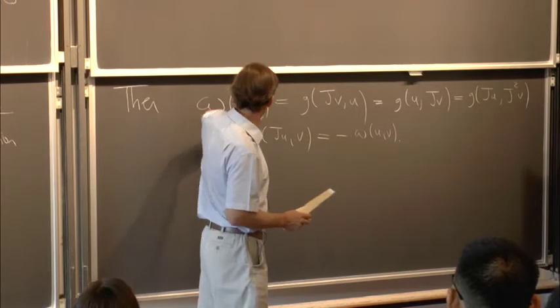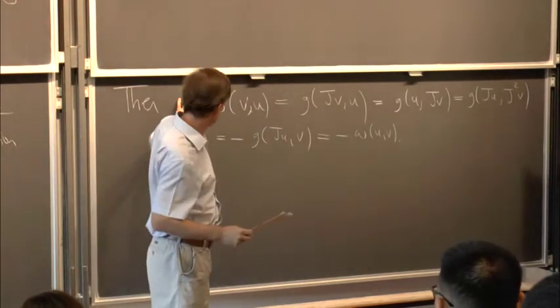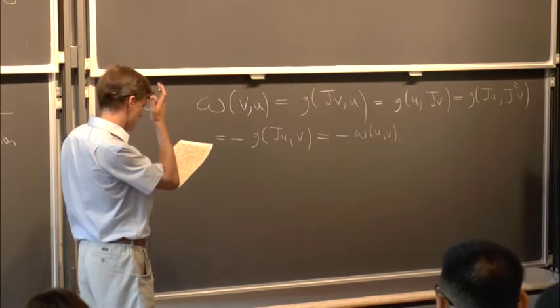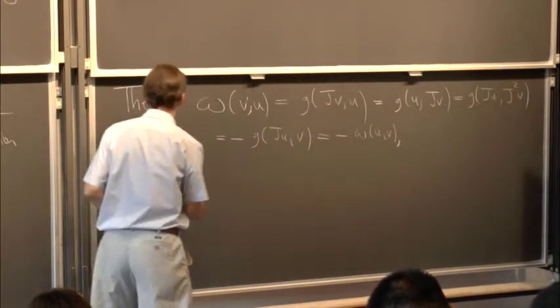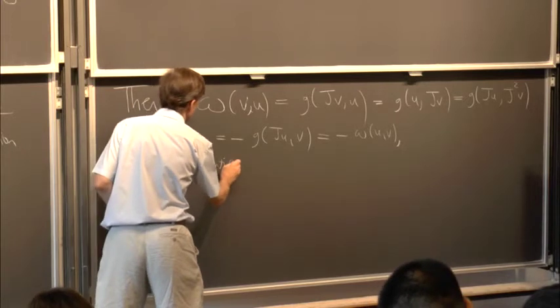Yes, exactly, thank you. Omega(v,u) ends up being minus omega(u,v). So omega is antisymmetric.